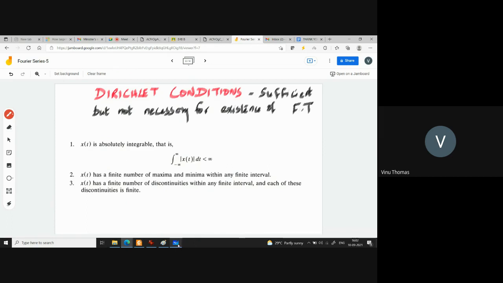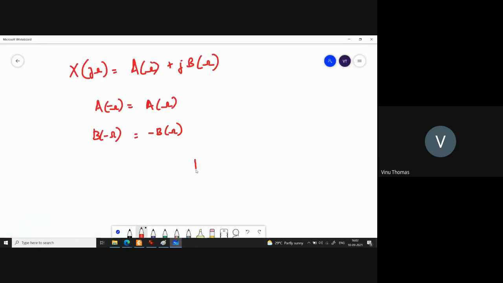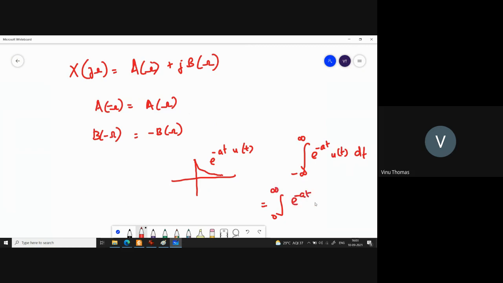For example, you can look at an exponentially decreasing function. This is an exponentially decreasing function. We'll call it e raised to minus at into u of t, because it is one-sided. And you will see that this function is absolutely integrable, because you can find integral minus infinity to plus infinity e raised to minus at into u of t dt, which we can write as integral 0 to infinity, because u of t exists only from 0 to infinity, integral 0 to infinity e raised to minus at dt.